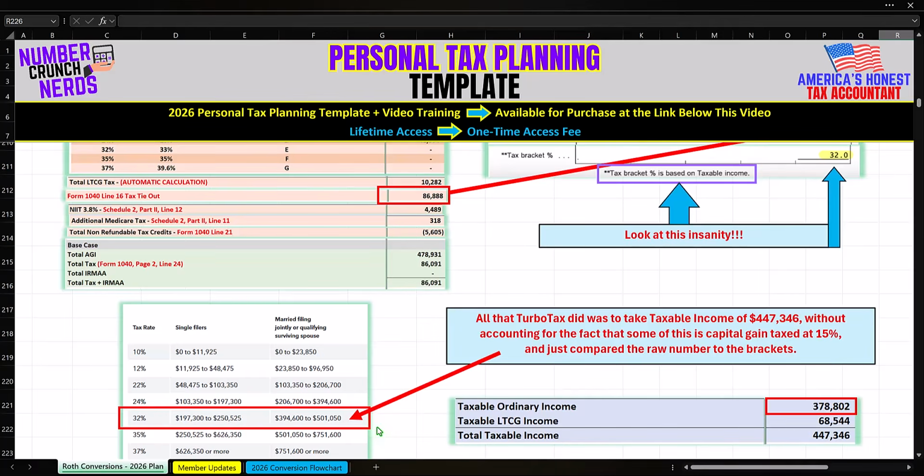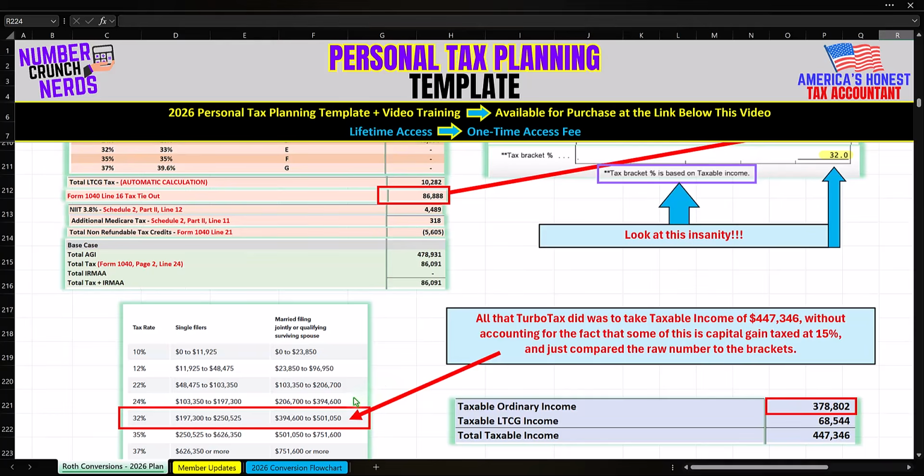That is completely erroneous. Of this person's total taxable income of 447,346, only 378,802 was ordinary taxable income subject to the ordinary income tax rates. Therefore, this person is only in the 24% marginal bracket. All of this long-term capital gain income is subject to the 15% bracket.